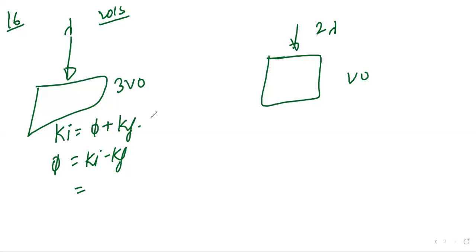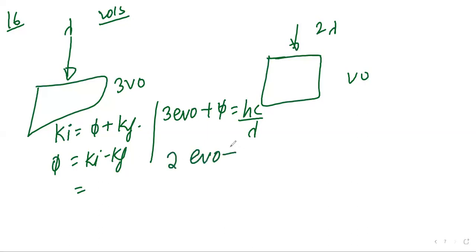So put the value, 3 electron volt is given. 3 eV naught plus phi equal to, I will write energy in form of hc upon lambda. So for the second case, it will be equal to eV naught plus phi equal to hc by 2 lambda. It is given 2 lambda, na? So it is 2 lambda.